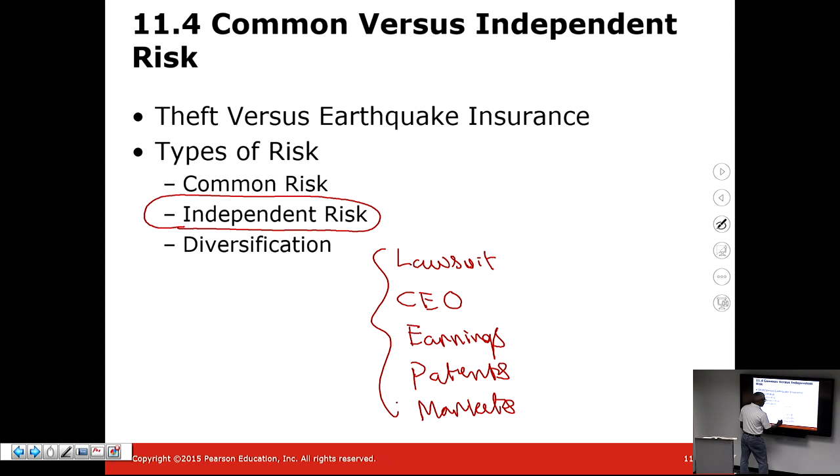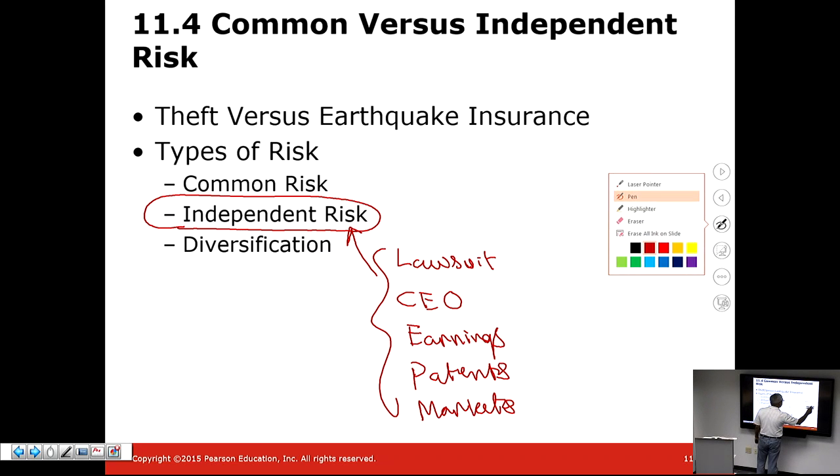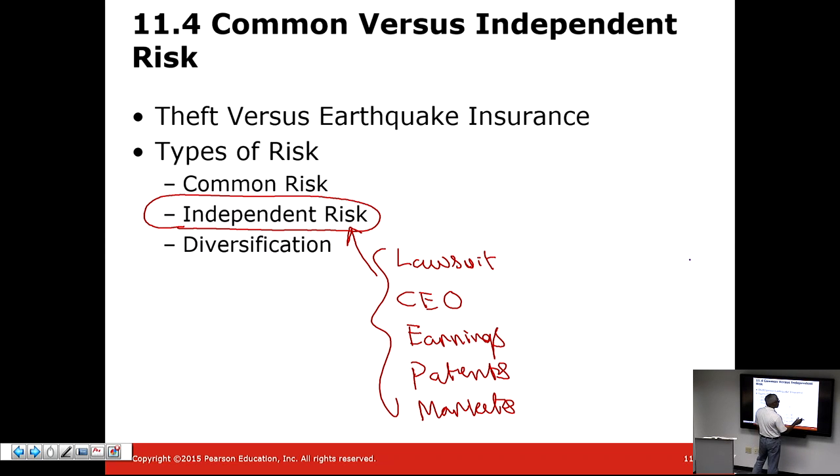All of these are examples of independent risk, risks that are very specific to that particular firm. So one firm may be sued for some environmental problem, another firm may hire a star CEO, another firm may announce some special earnings, but they're specific. Not all firms will have a lawsuit at the same time. Not all firms will change CEO at the same time.